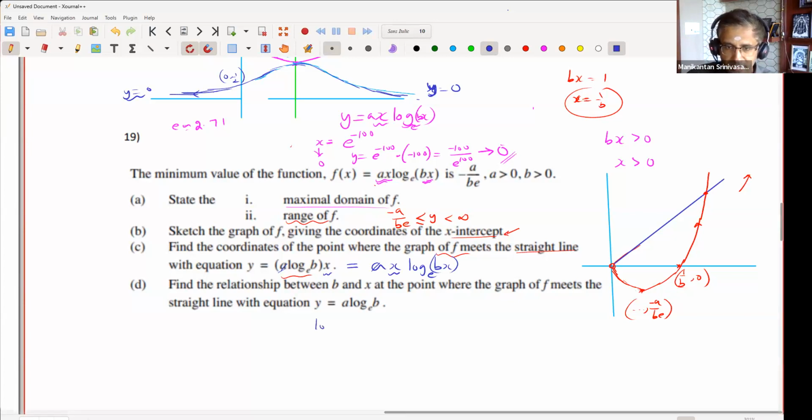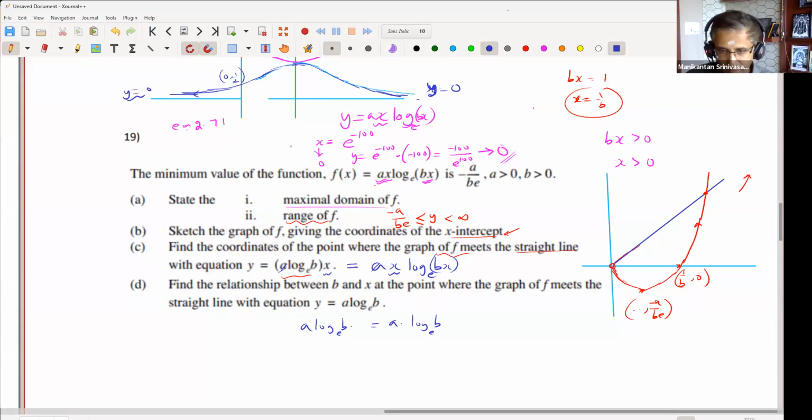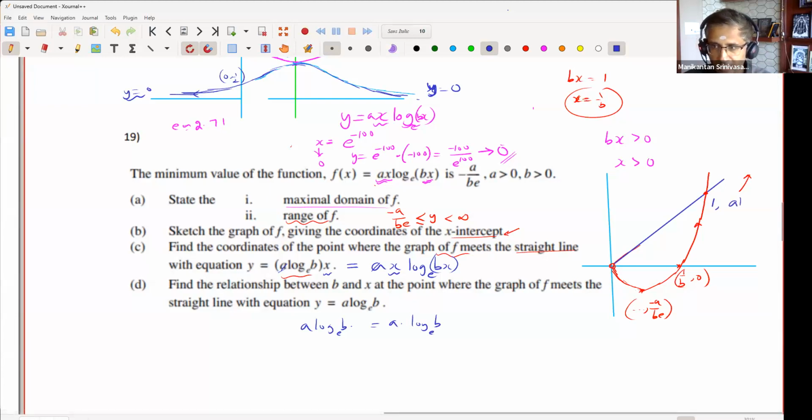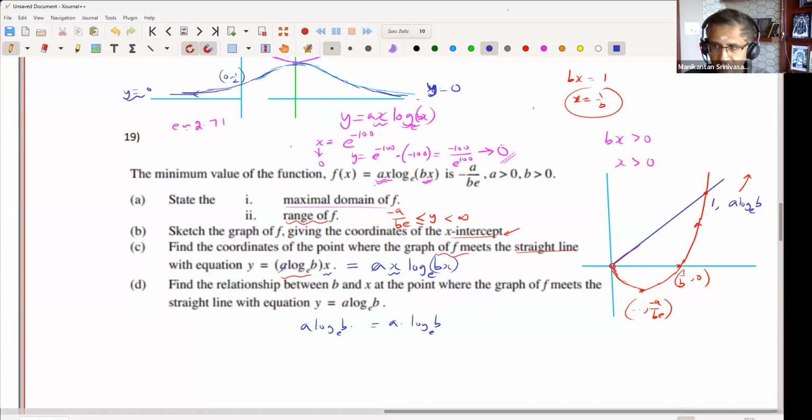So the left-hand side is also that. In this case, it was very obvious, therefore we could solve. In general, we cannot easily solve this. We'll need a calculator to solve this. So we could say x equal to 1. And y is, as we just saw, a log b to the base e. Okay, so this intersection point.